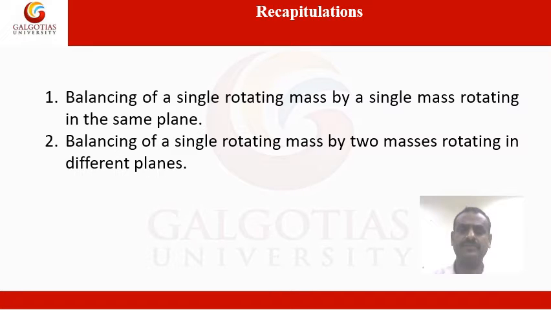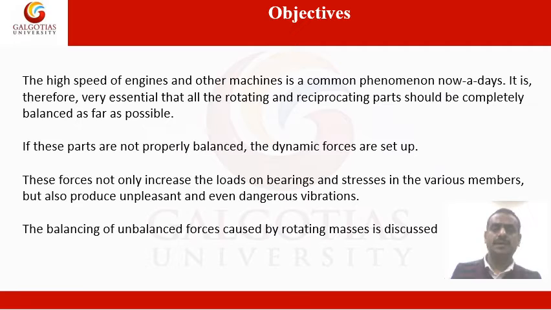balance the first mass. The high-speed engine and other machines are equipped with rotating and reciprocating parts. These rotating and reciprocating parts are to be balanced as far as possible. If the parts are not properly balanced, dynamic forces are set up.